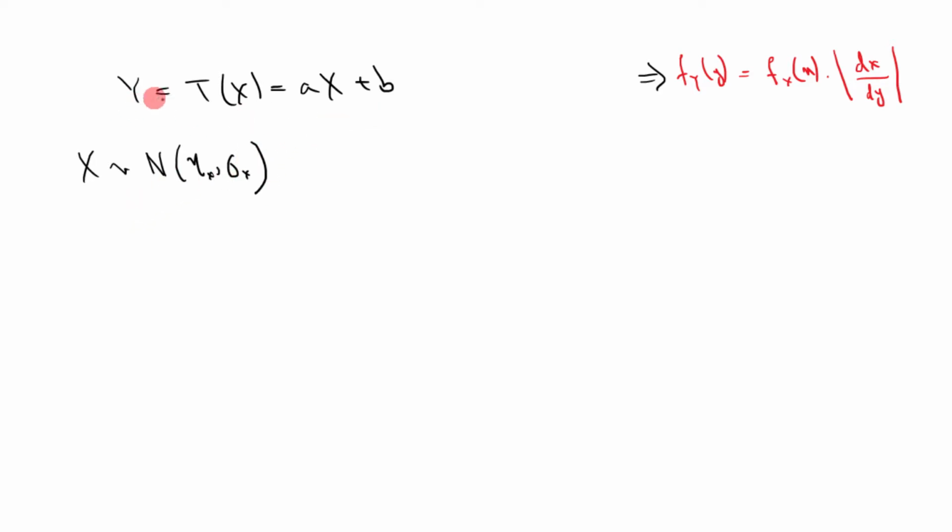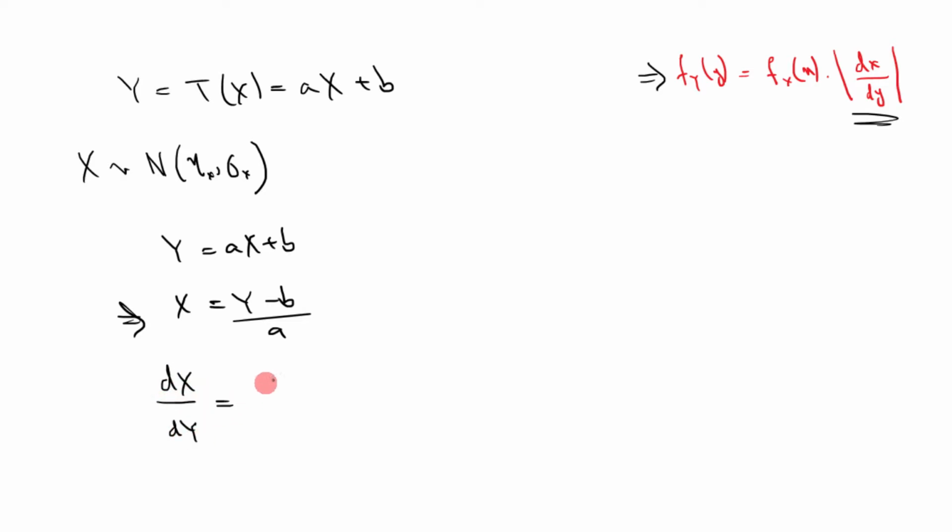So from this expression y is equal to ax plus b, your x is equal to y minus b over a. Now let us calculate this derivative, which is the derivative of x with respect to y, and it will be equal to 1 over a. You can write it like this.